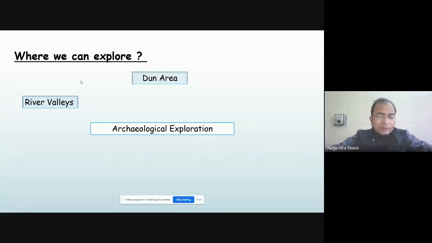Dune areas also, if you want to work on historical or prehistoric sites, are very important. Fossil valleys are somewhat like river valleys, but much older than the river valleys we are seeing today.